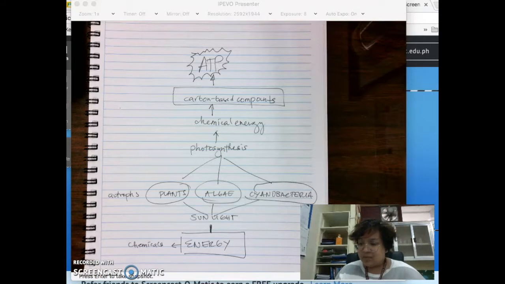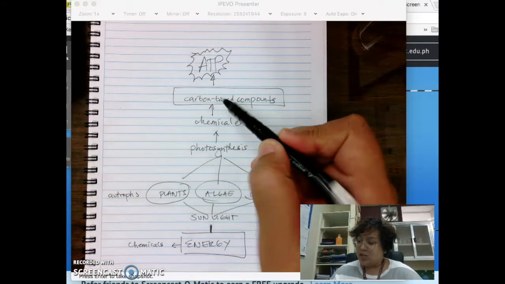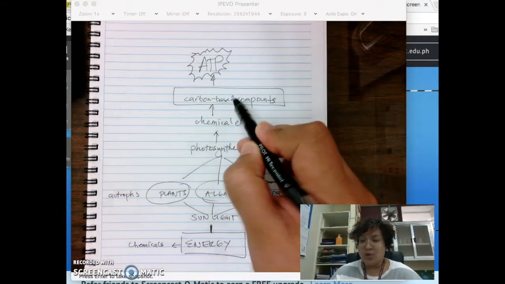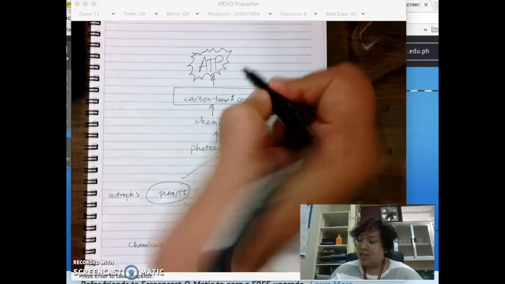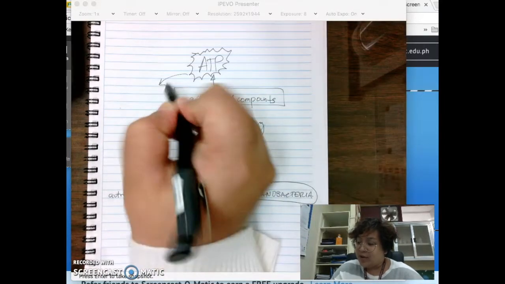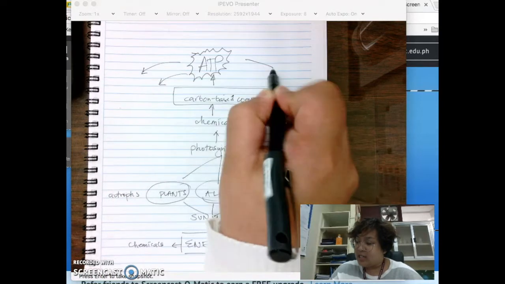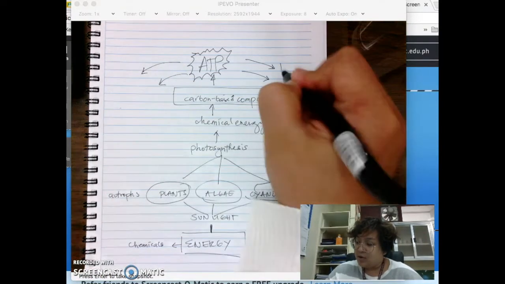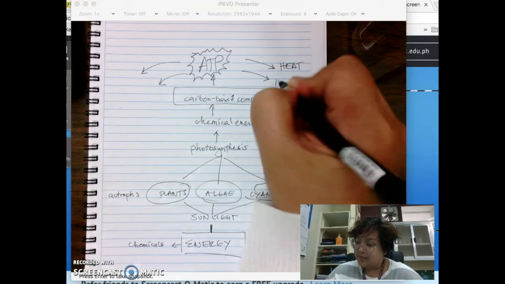However, if the organism uses the carbohydrates, lipids, proteins, nucleic acids to get energy, the whole process of metabolizing these carbon-based compounds releases heat.